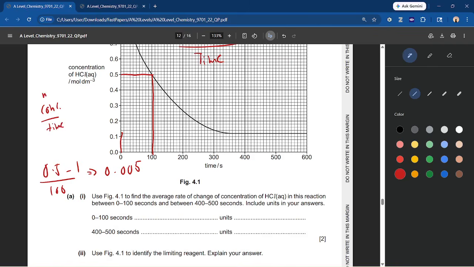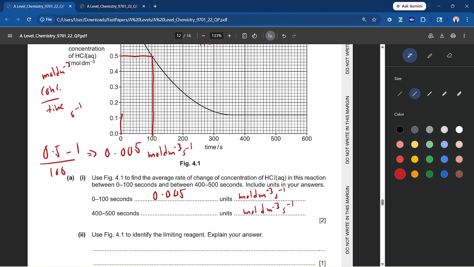So concentration is mole per dm cubed, and time is in seconds to the power of minus 1. So this unit will be mol dm^-3 s^-1. This will be the same for both. So this will be 0.005. And now what about for 400 to 500? So they're both the same over here.